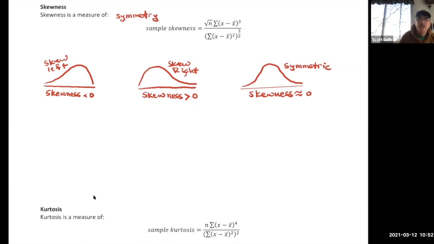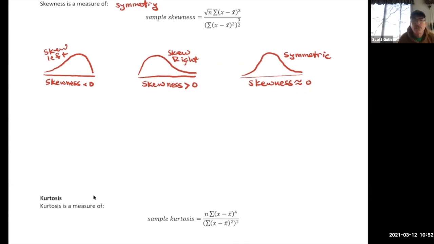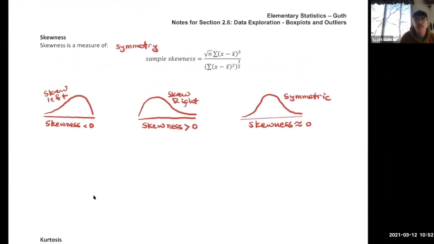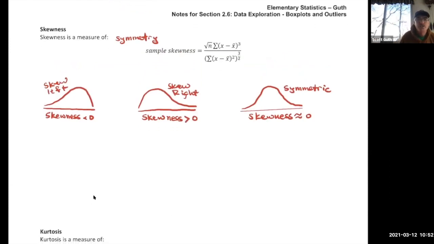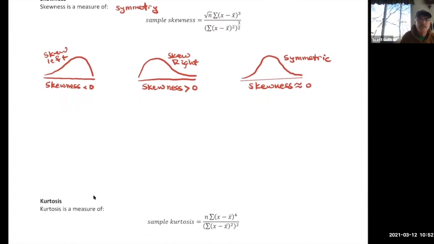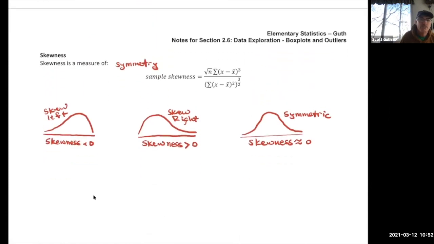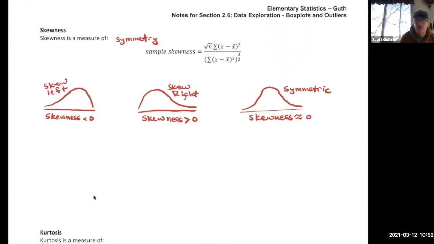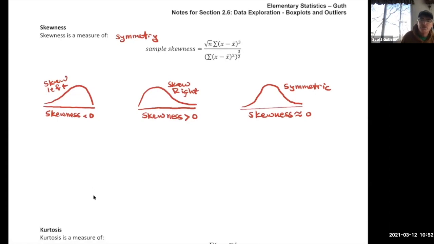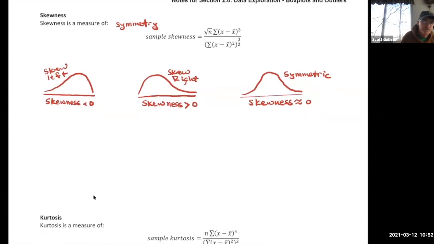Okay, any questions? So again, I don't think I'll have you compute that, but just to let you know, that's a thing in statistics. And we'll be talking about the normal distribution, which is the symmetric one. And with a normal distribution, the skewness is equal to 0. The normal distribution is the perfect bell curve that's sort of ideal in statistics.